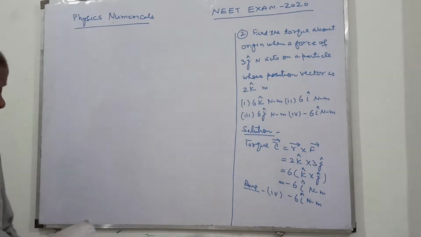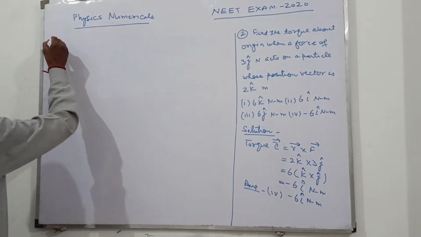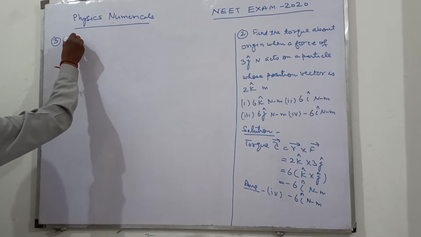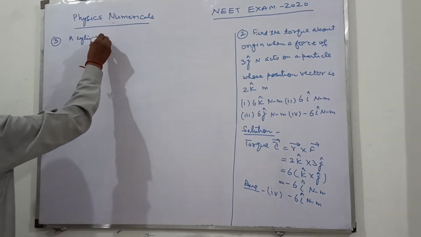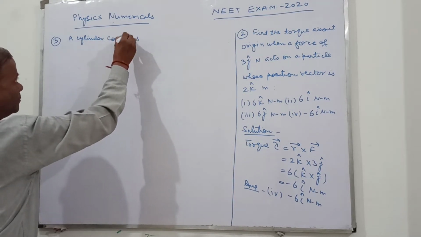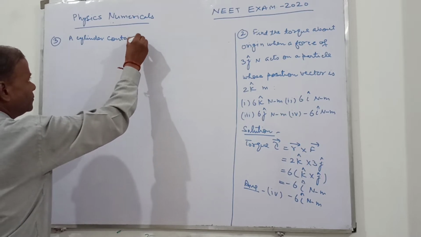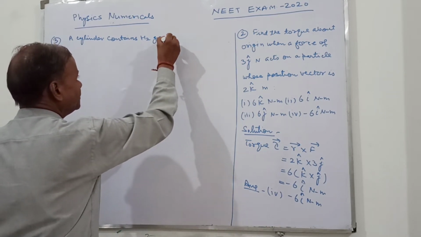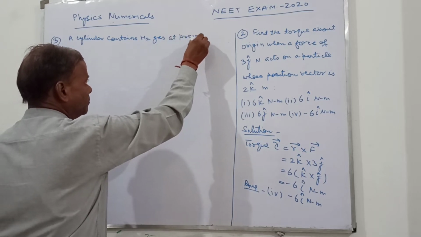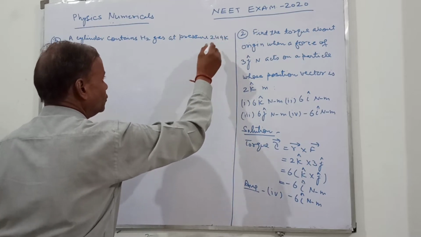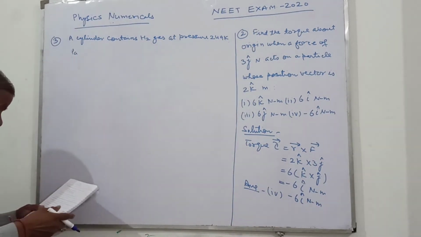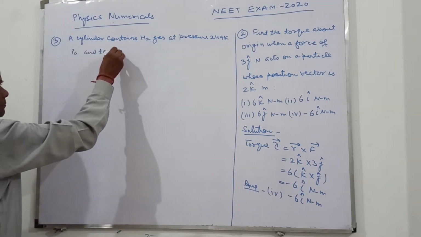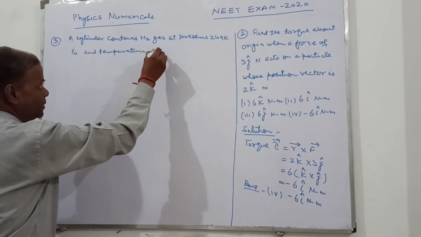And now I am taking the third question. A cylinder contains hydrogen gas at pressure 249 kilopascal and temperature 27 degrees Celsius.